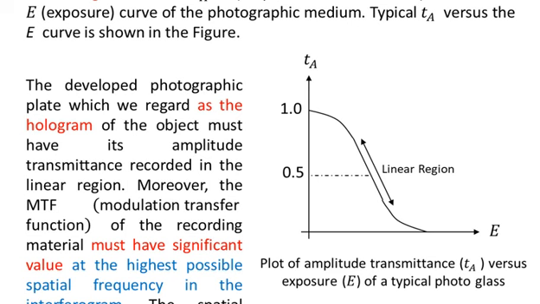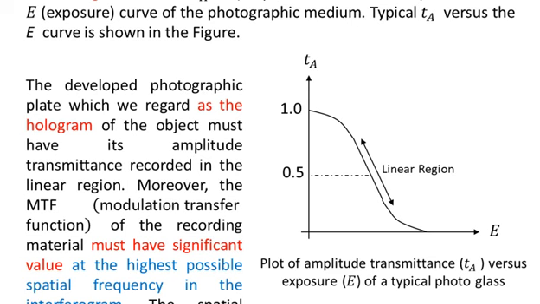So you see that the amplitude transmittance has a maximum value of 1, and of course the minimum value is 0. With the exposure, the amplitude transmittance will change according to the value of the exposure. If the exposure is very high, then the photographic plate will be totally black due to the high exposure, and no light will pass through it.